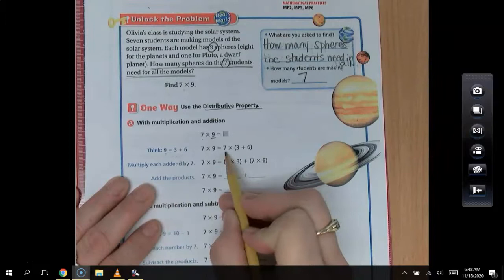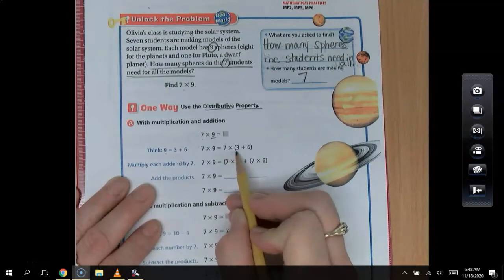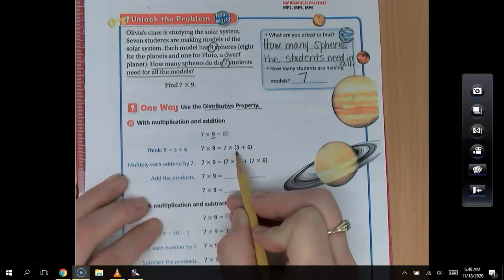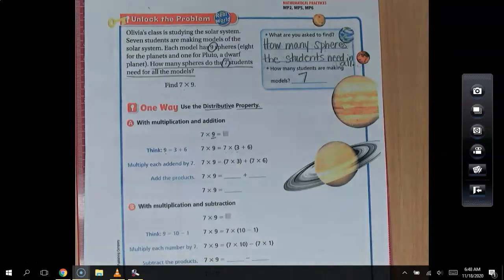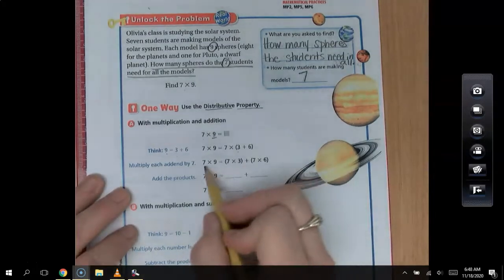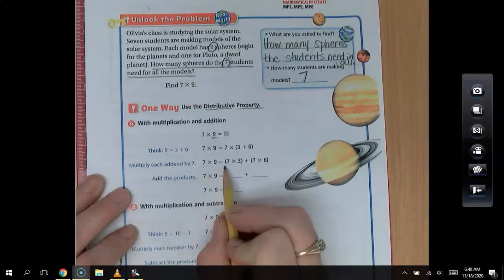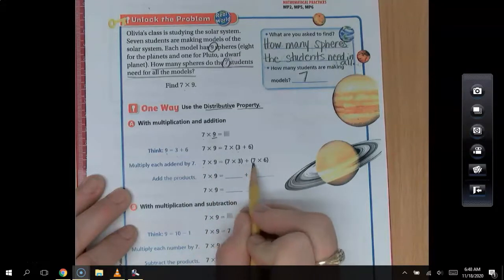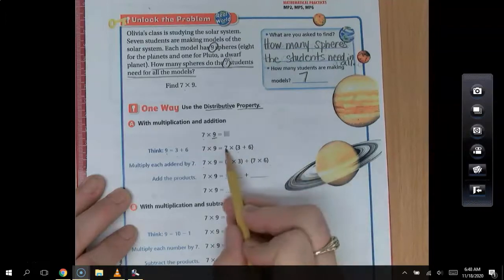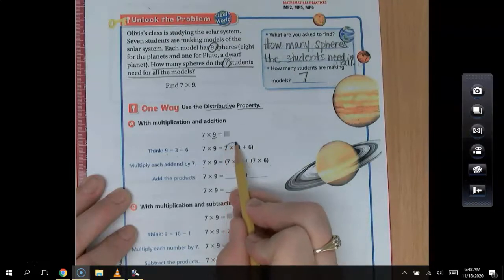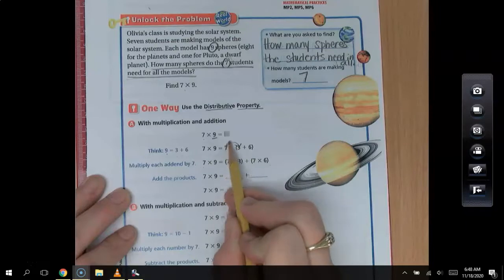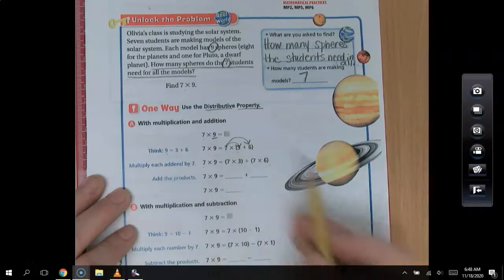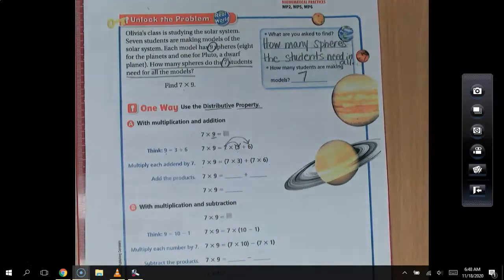So we have 7 times parentheses 3 plus 6. So if I'm using the distributive property, I would write it as 7 times 9 equals 7 times 3 plus 7 times 6. All I'm doing is distributing this 7 to the 3 and the 7 to the 6. That's where you would break apart your arrays.